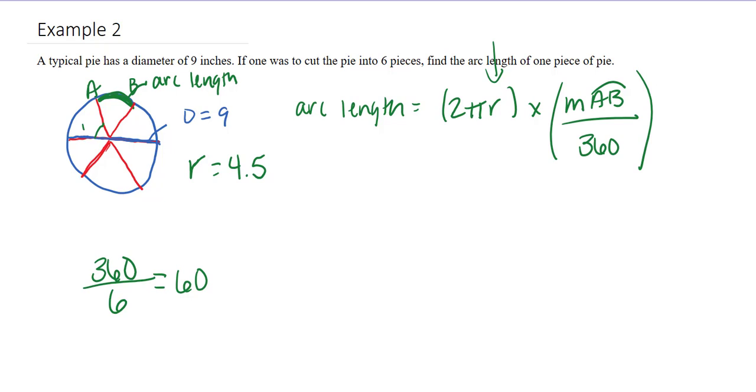So this means this is 60, this is 60, and this is 60, 60, 60, 60. And then if we add that all up, if you go 60 times 6, we get 360 degrees. So our measure of AB is going to be 60 degrees.